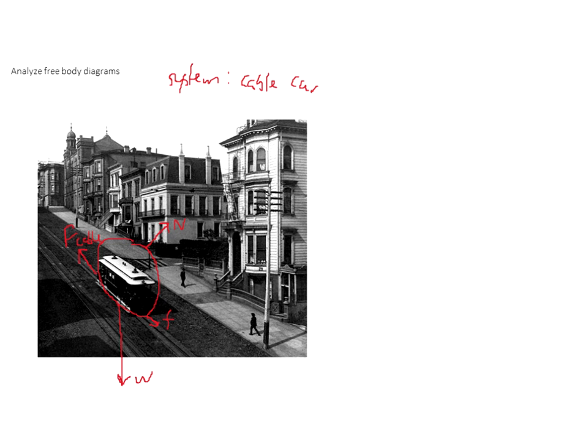So let's sketch this now. Notice that we've got two of these forces on a hill, and one is perpendicular to the hill.